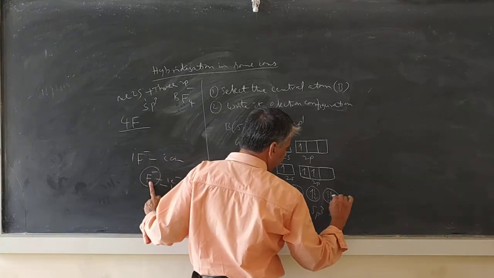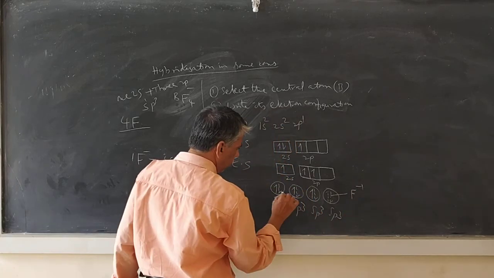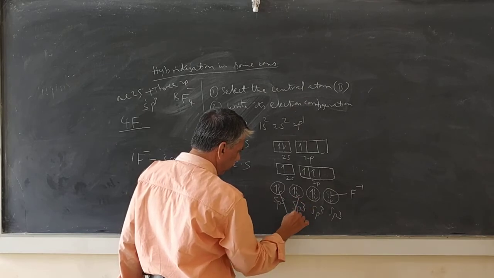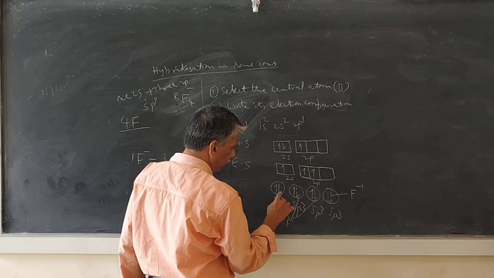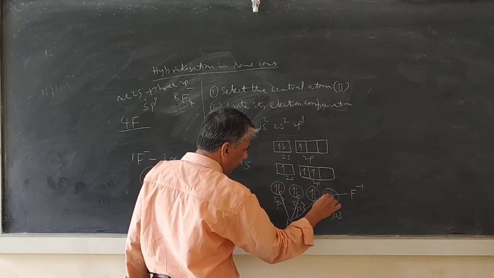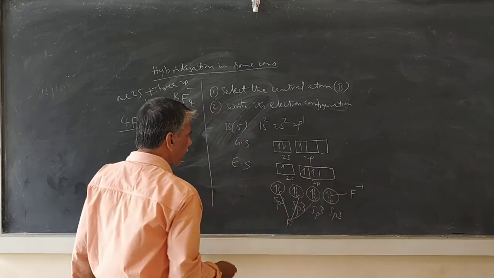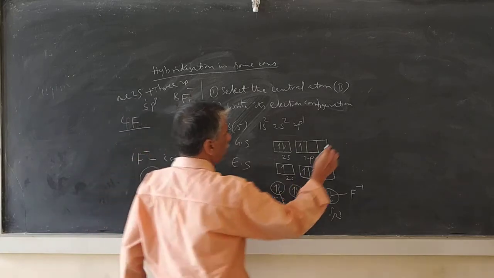This is the electron pair donated by F minus. This is by 1 F atom, this is by another F atom, this is by another F atom. 3 F atoms, and this electron pair is given by F minus ion, and like this you will get BF4 minus ion.